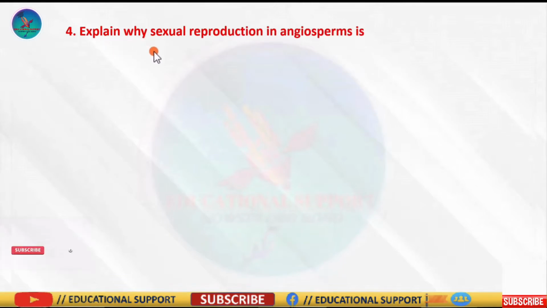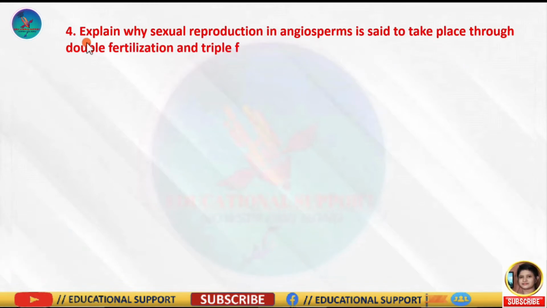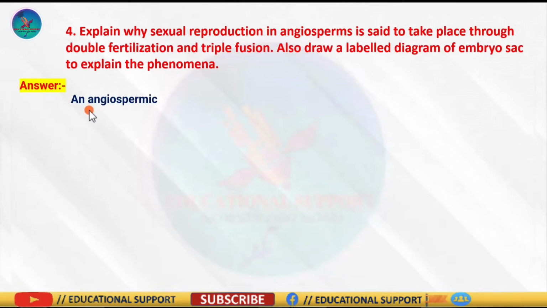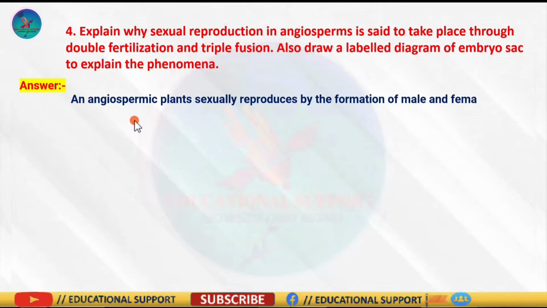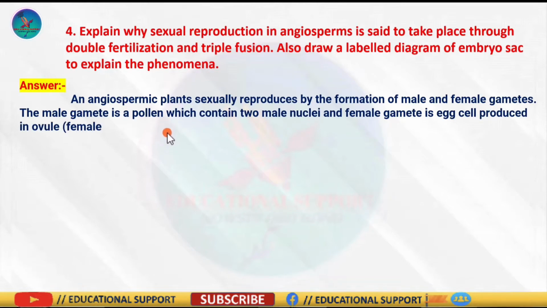Question number 4: explain how sexual reproduction in angiosperms is said to take place through double fertilization and triple fusion. Also draw a labelled diagram of the embryo sac to explain the phenomenon. After entering one of the synergids, the pollen tube releases the two male gametes into the cytoplasm of the synergid. An angiosperm plant sexually reproduces by the formation of male and female gametes.